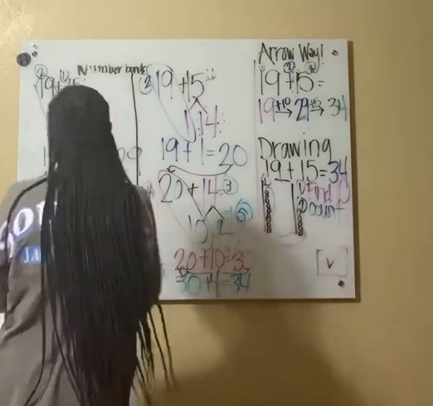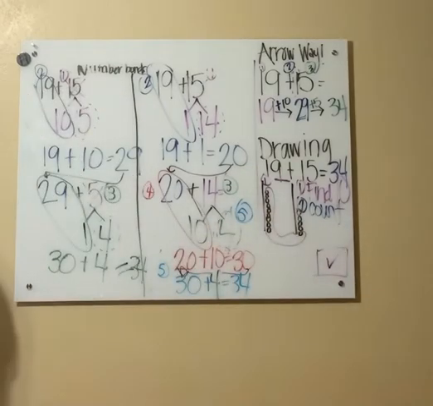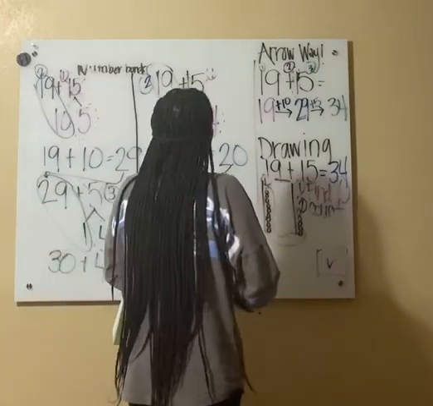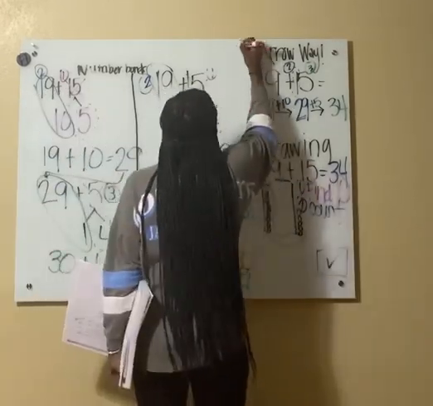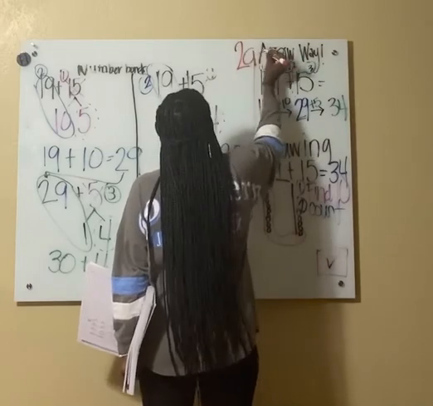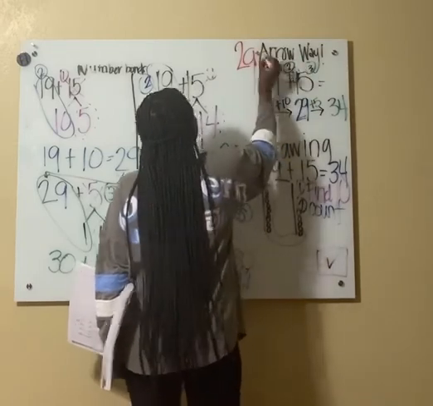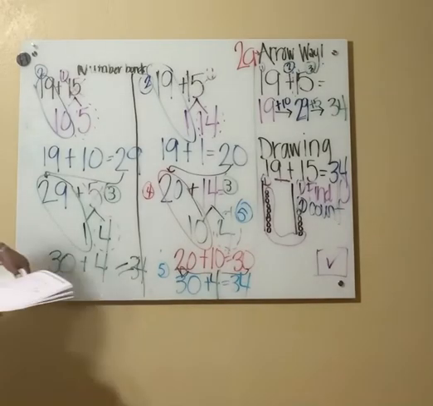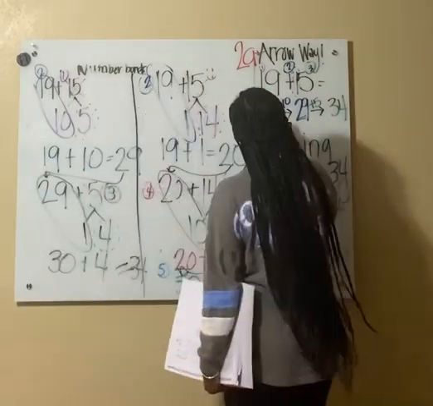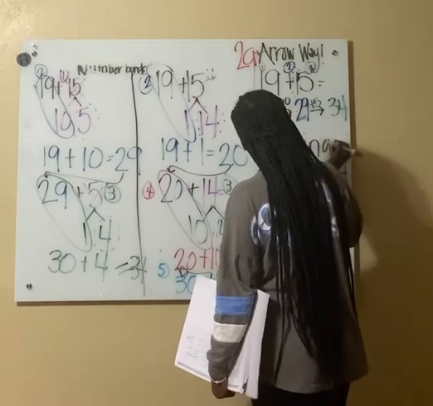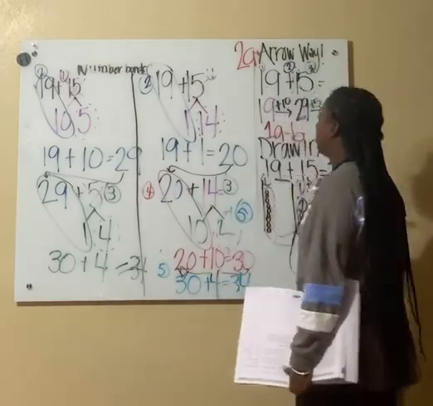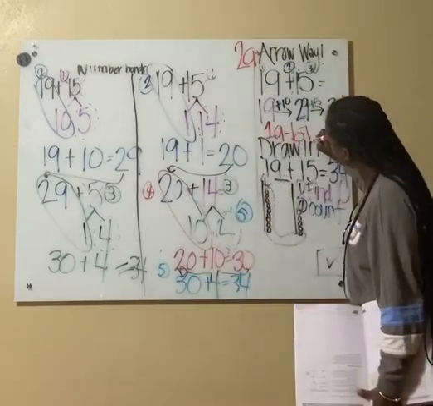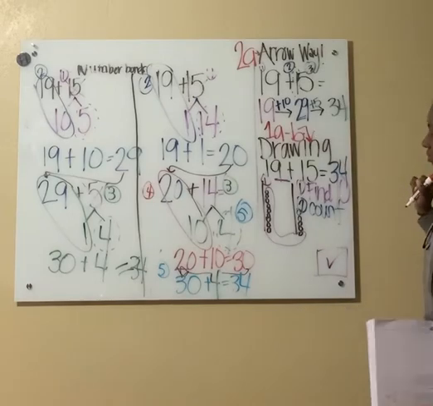The only one you're going to do for the arrow way is 2A. For your drawings, it's just going to be 1A and B. That's your drawings. Your number bonds will be everything else.